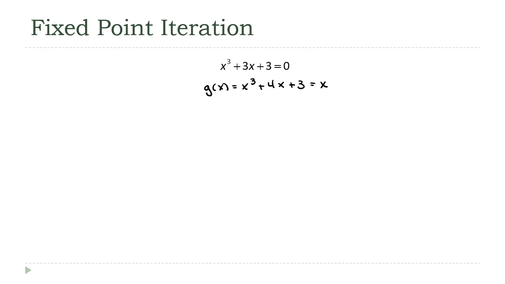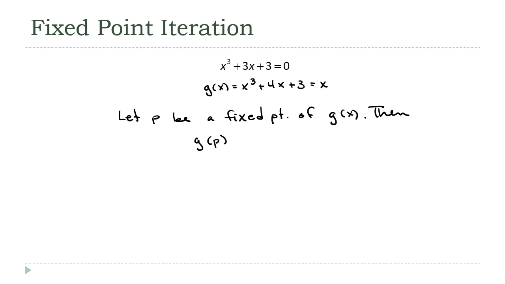Now, what I want you to see is that the fixed point of that equation is, in fact, a solution to the previous one. Right? And to see that, let p be a fixed point of g of x. So what that means is g of p is equal to p.